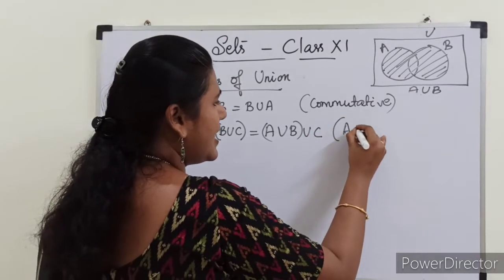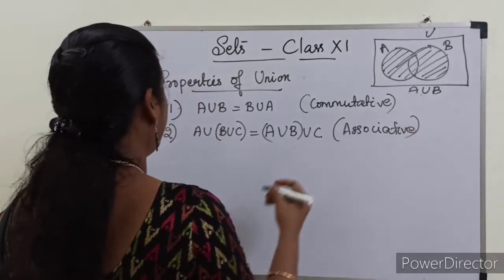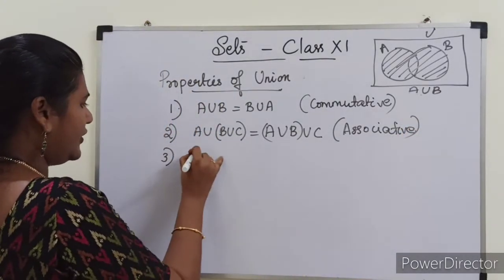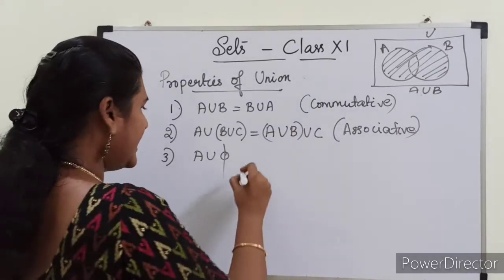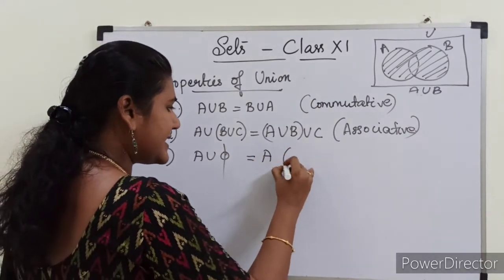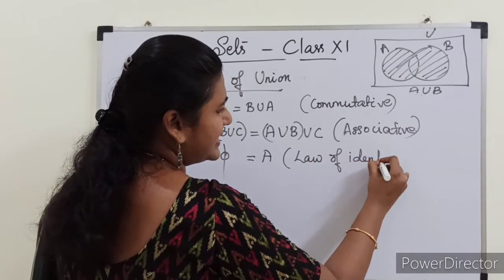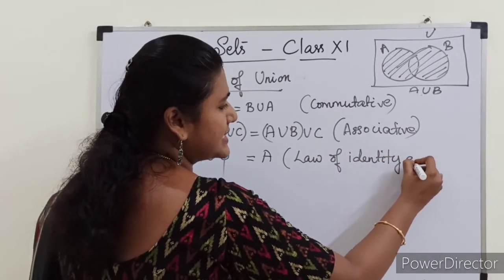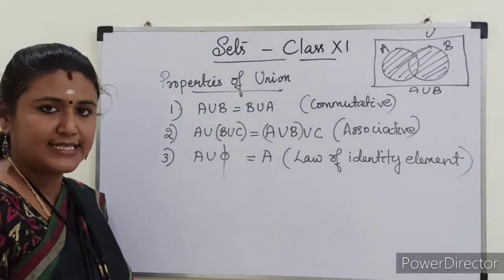This is the associative property. Then third one, if you are taking A union with the null set, then you will get A as the answer. This is the law of identity element. Here the identity element is the null set.